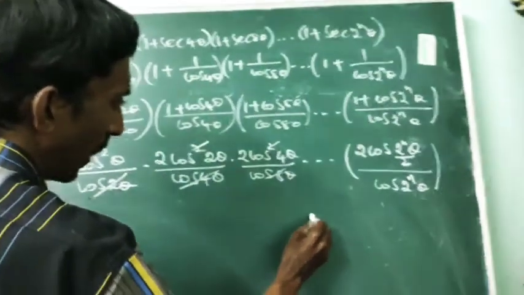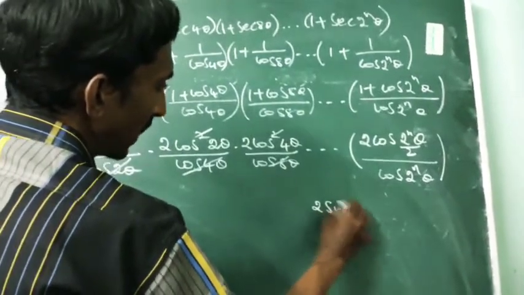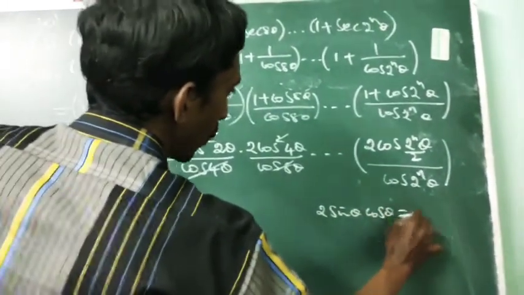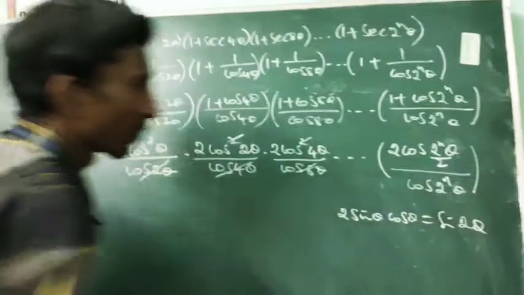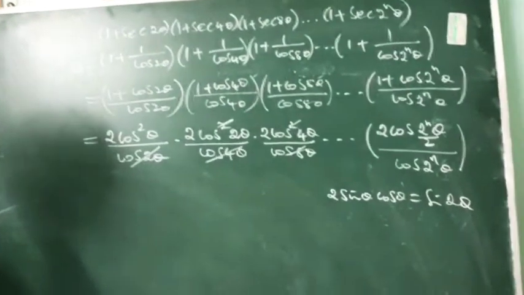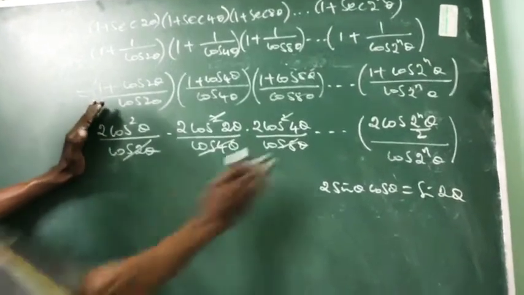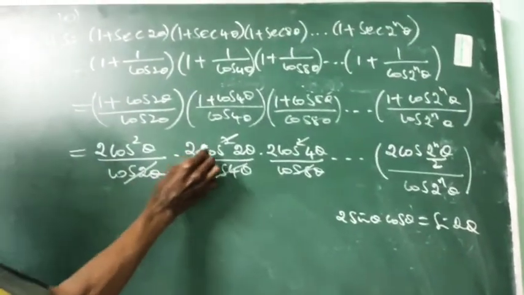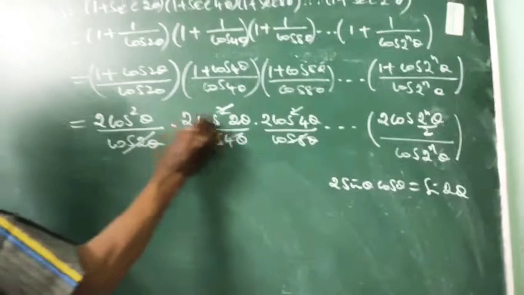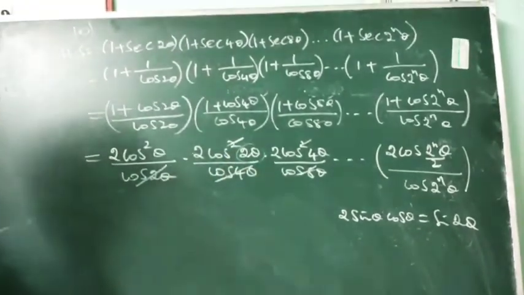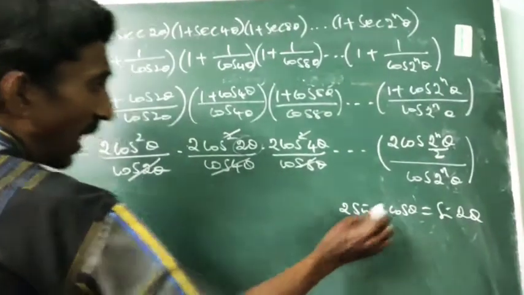Look, my dear student. We know the formula 2 sin theta cos theta equal to sin 2 theta. Forget the first term and the last one. Look at the second term, 2 cos theta. Imagine it is theta. So we need sin theta.